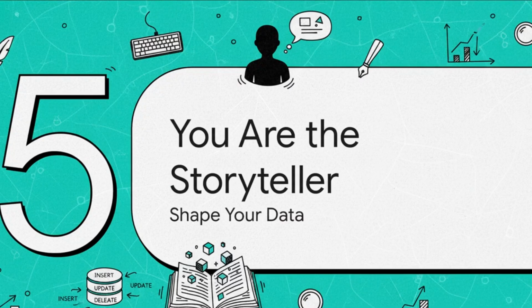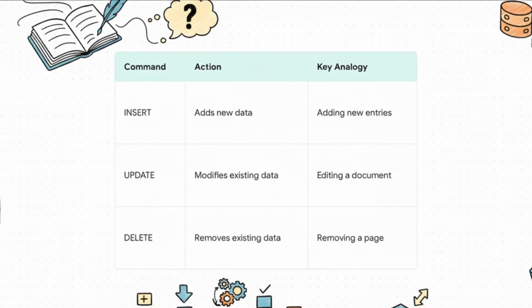All right, let's pull all of this together. With just these three simple commands, insert, update, and delete, you've completely changed how you interact with your data. You're not just a passive observer anymore. You are an active author. You are the storyteller. So let's do a quick review.